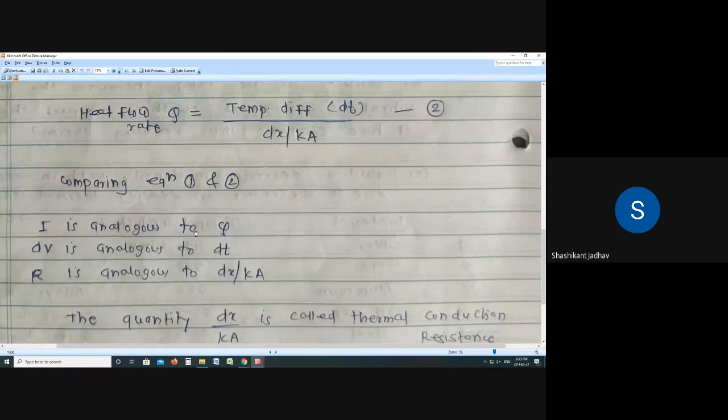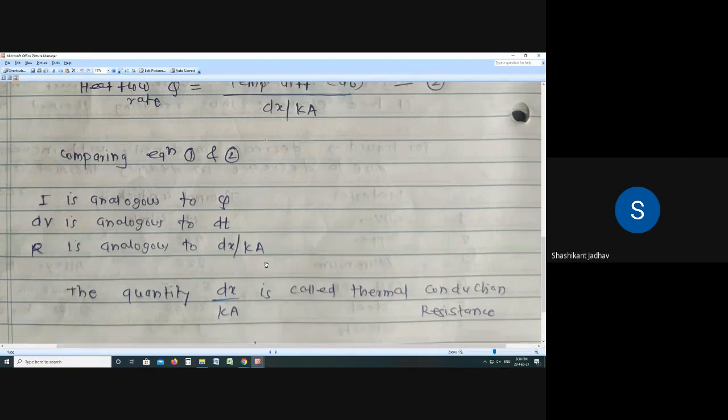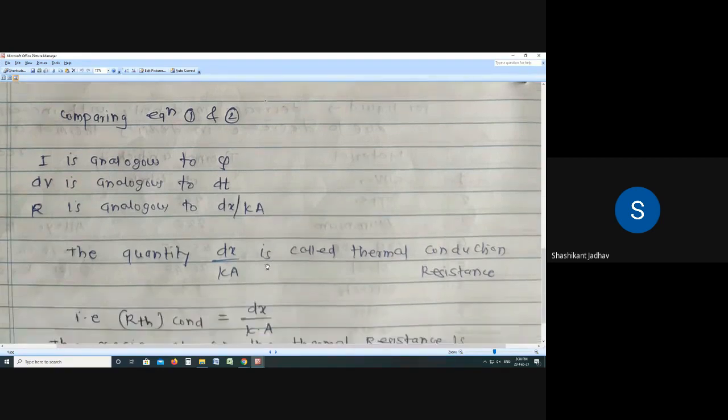Then dV is analogous to dt. dV is analogous to dt means current is flowing because of this potential difference, and heat is flowing because of the temperature difference, and R opposes the current, and this dx by k opposes the heat. Okay, so R is analogous to dx by k.